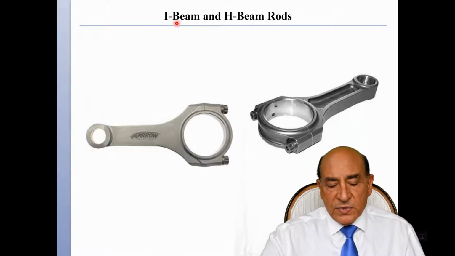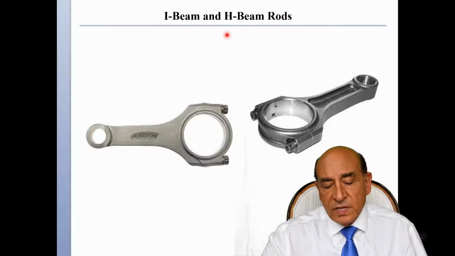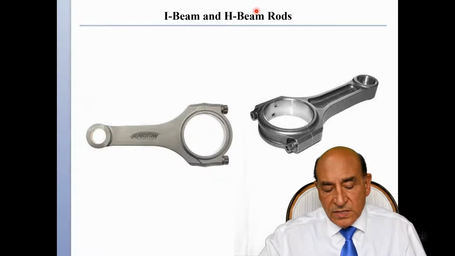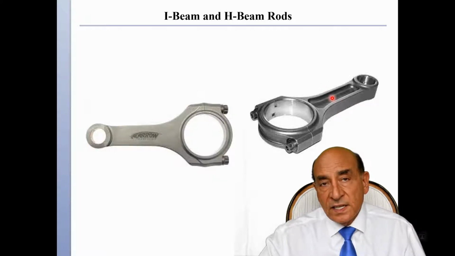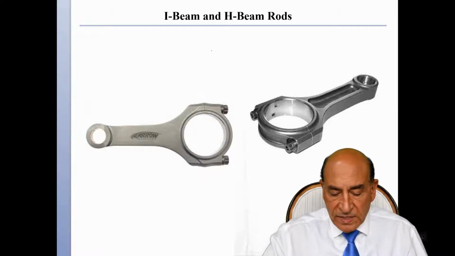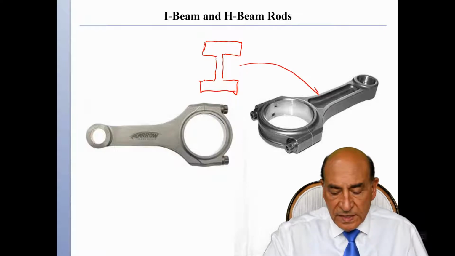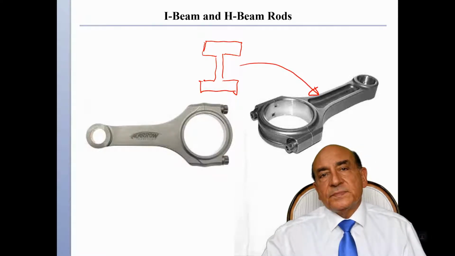Here are two examples. The connecting rod has either an I-beam shape or an H-beam shape. So the I-beam is the standard. You carve out the middle part, and if you take the cross-section and cut it across here, it would look similar to an I-beam. So if you take a cross-section, in this case, the cross-section of the rod is going to look like an I-beam, and that is the cross-section here.